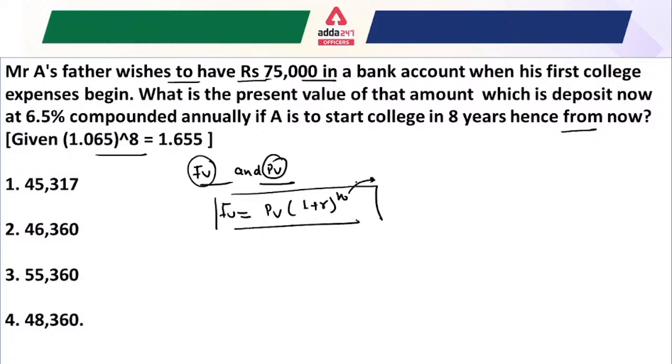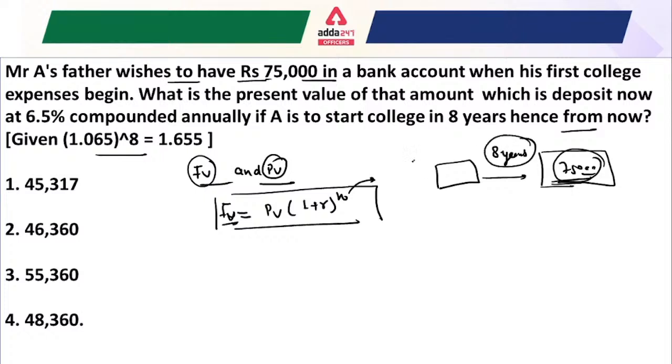Okay, so now, A's father wants 75,000 rupees in his bank, and this 75,000 rupees will be reached in 8 years. So what amount should he deposit currently, at an interest rate of 6.5%, so that in 8 years it becomes this amount?